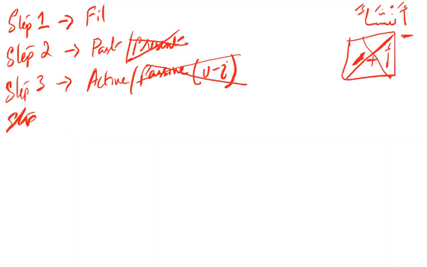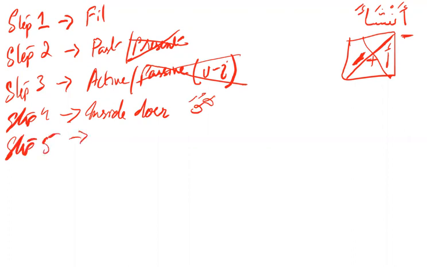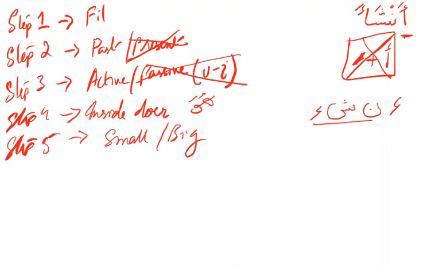Step 4 is the inside doer. Hua. And step 5, is this small or big family? It is the big family. Hamza, Noon, Sheen, Hamza. So how many letters are these? 4 letters, so more than 3, in the past tense, Hua version.